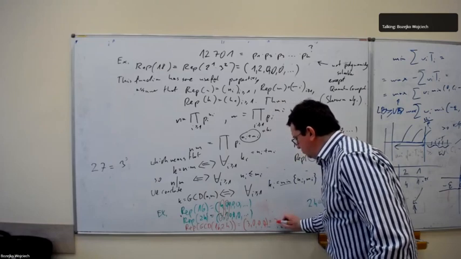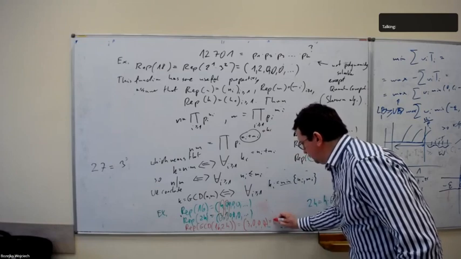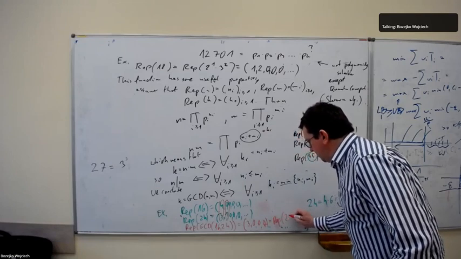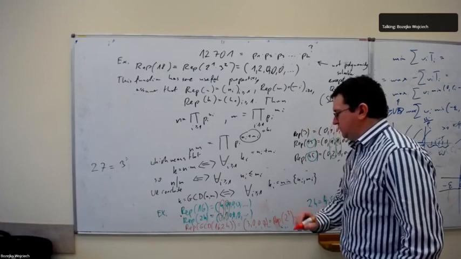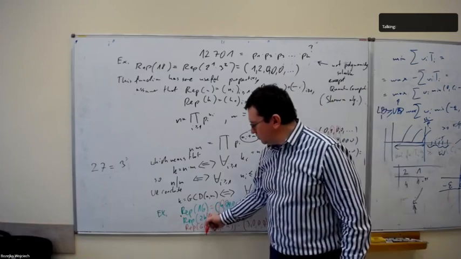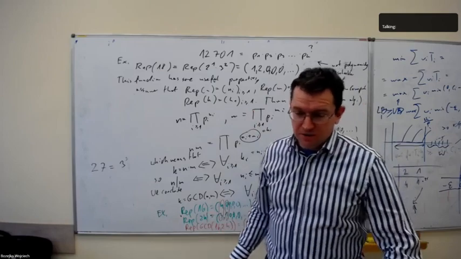In fact, this is the representation of 2 to the power of 3, so this is 8. 8 is the greatest common divisor of 16 and 24.